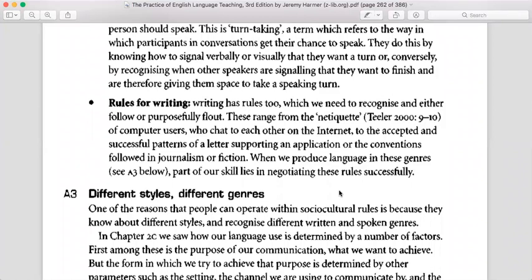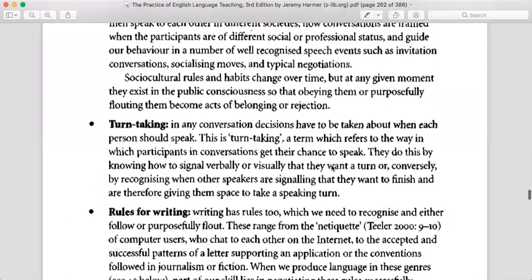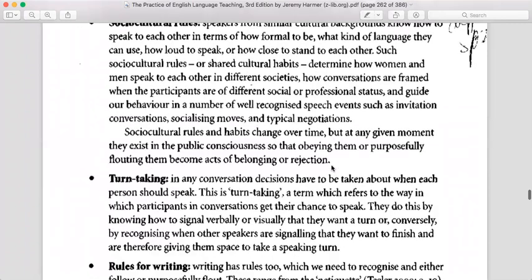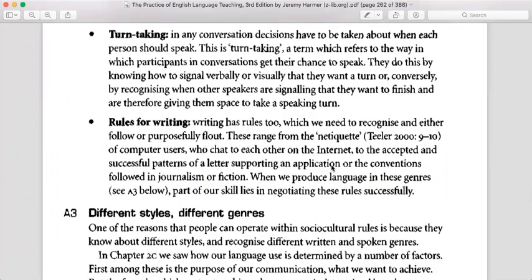Because I told you that British and American rules might not apply to the way we are speaking, the way we are doing turn taking, and the way we are writing. So these are some of the conventional rules that need to be taught to the students, apart from teaching them the language. It becomes a little tricky when you are teaching a foreign language within your own cultural context, but that is important.